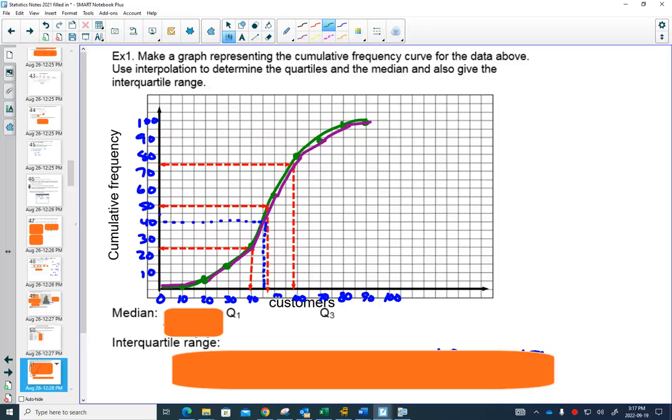So in each of the different group data, you go to the endpoint of that data, and you mark the cumulative frequency. So at the end of 30 to 40, the cumulative frequency was at 25 or 26? 25. So then at 40 is where you would mark 25.